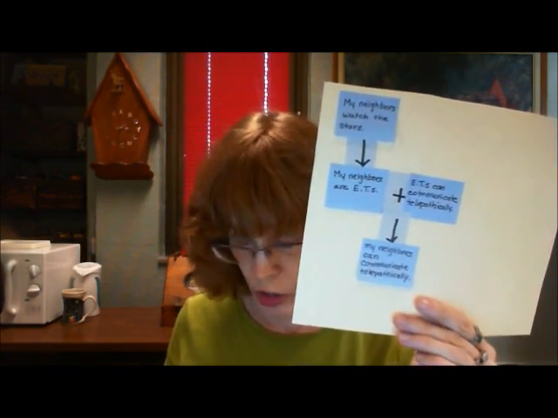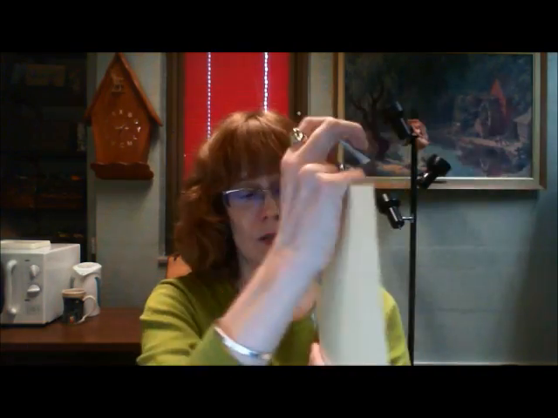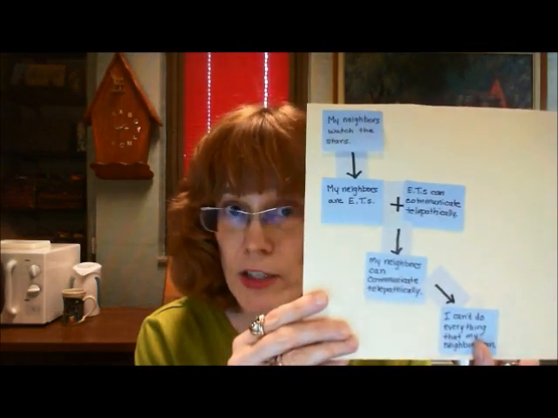The third relationship was realizing that I can't do everything my neighbors can, in part because I can't communicate telepathically, but also because my neighbors can install their own siding.